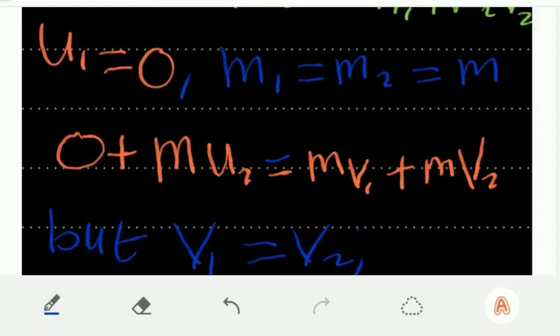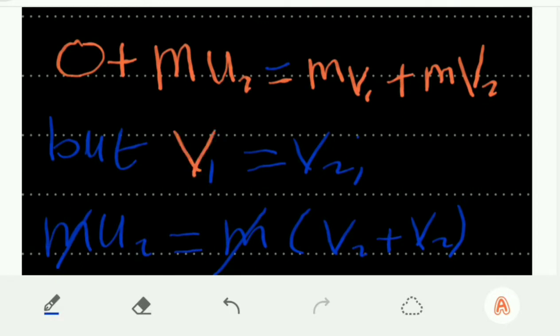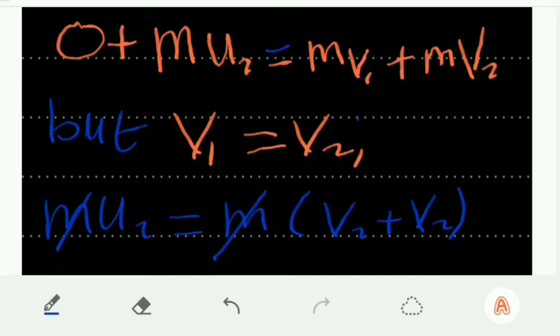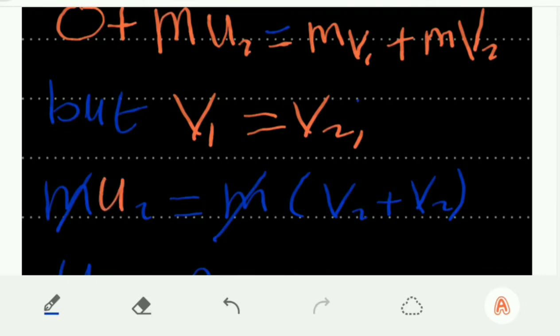Again, we know that the final speed of the first vehicle and the second vehicle are the same. v1 therefore is equal to v2, which is what we just found. So now our equation for the momentum remains u2 equals v2 plus v2.